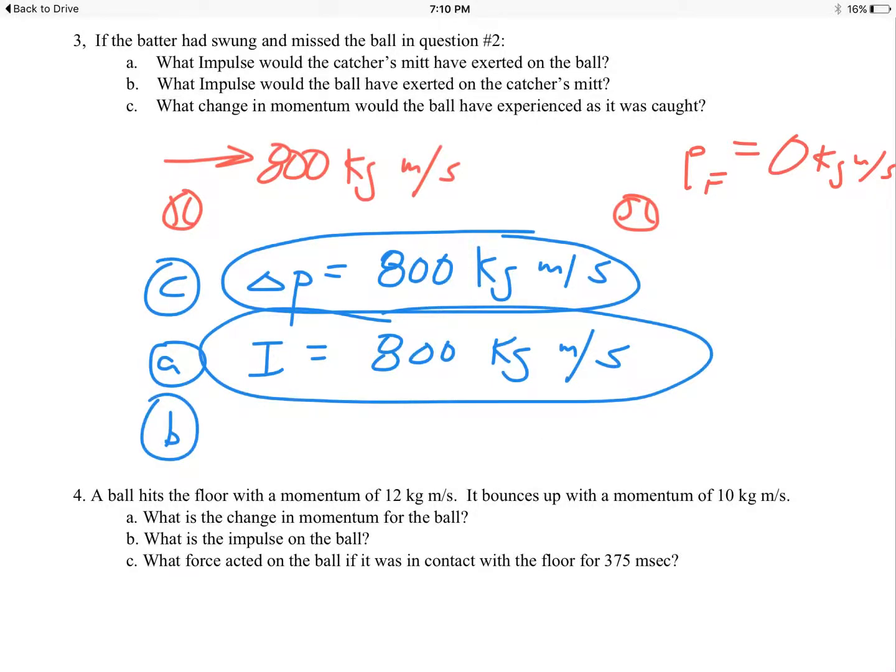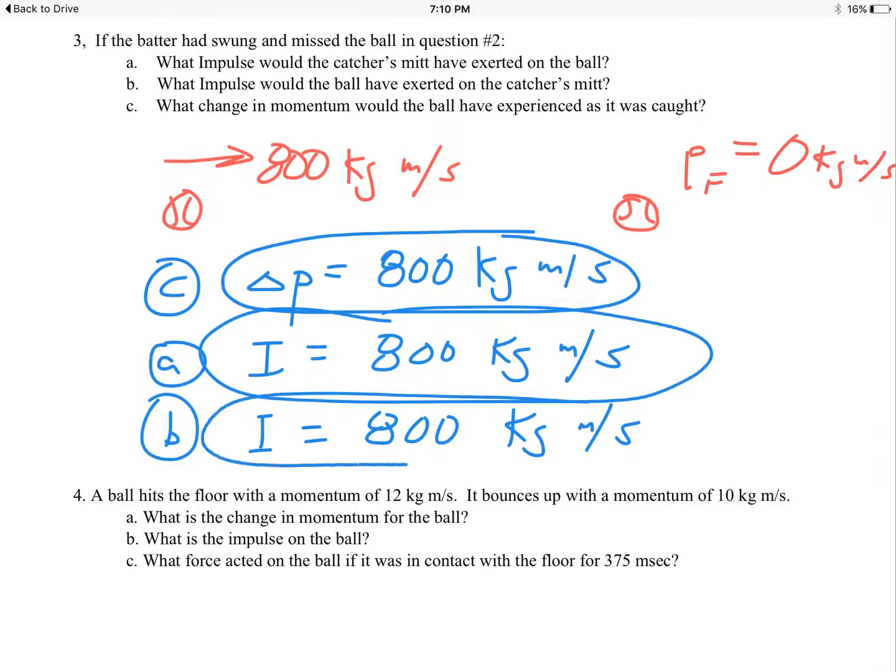What's the impulse the ball has on the glove, on the mitt? Well, it's the same thing, because they have the same impulse on each other. So the impulse on the glove is 800 kilograms meters per second. So when something stops, finding the change in momentum is easier than when it actually changes directions, like the last problem we did or the next one I'm going to do here.